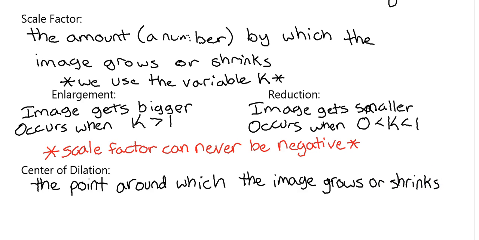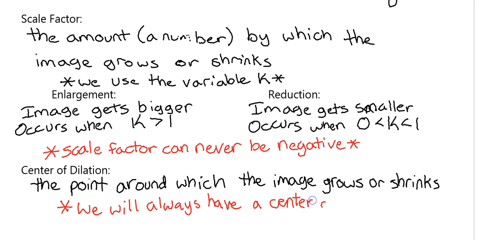Another point about this, just for this class, this isn't true of all dilations, but the ones we are going to look at, we will always have a center of 0, 0. Our center of dilation will always be at the origin, right at that 0, 0 point.